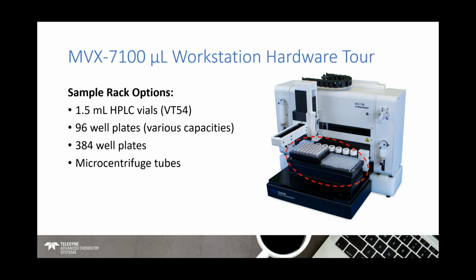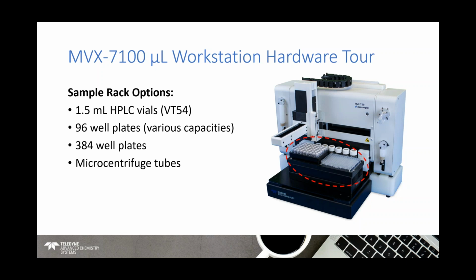You've also got access to 384 well plates, where those wells are very, very small in capacity. And you can also work with microcentrifuge tubes. So if there was a requirement for centrifugation of a sample, you could use those tubes, spin them down, and then you could sample from whatever height you wanted in that tube.